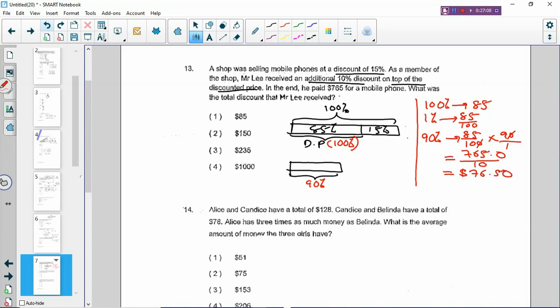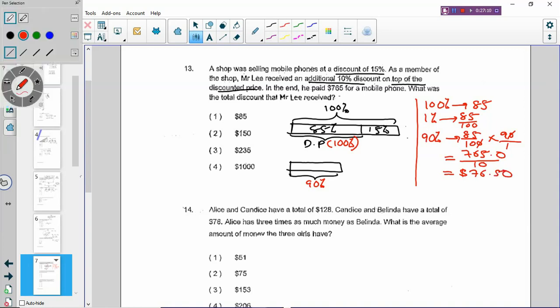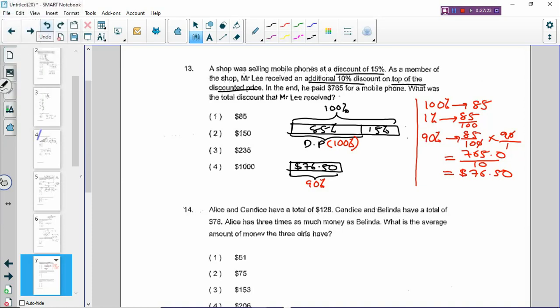So if you are a member, you pay only 76.5. Okay, you can see that you are paying lesser. And in the end, he paid $765 for the mobile phone.